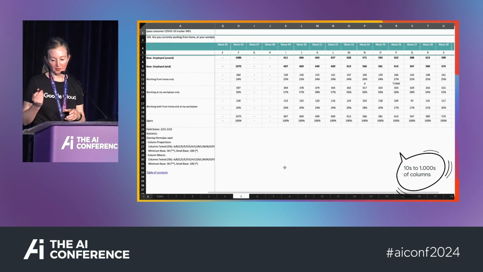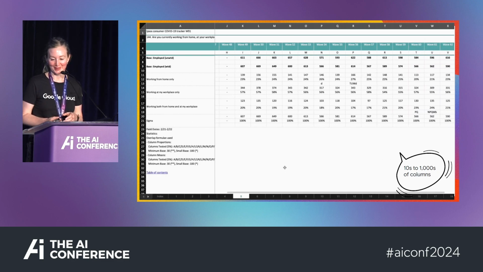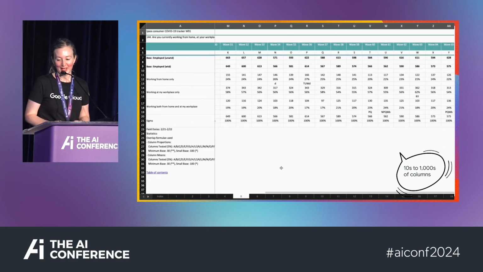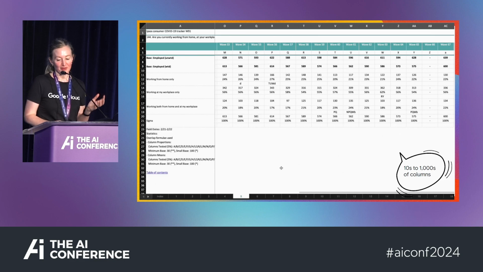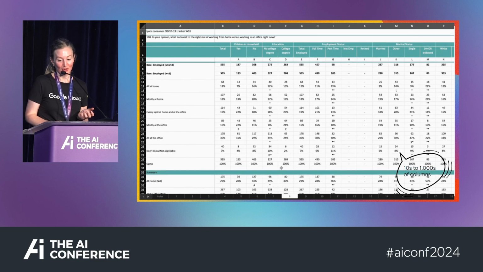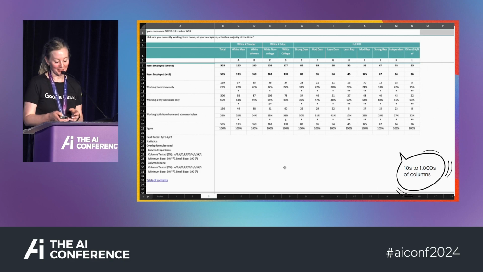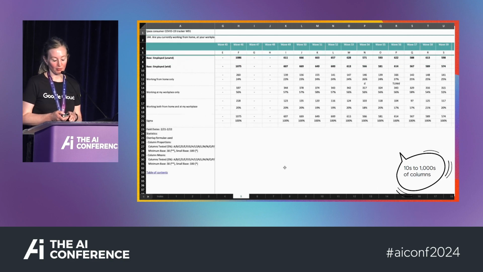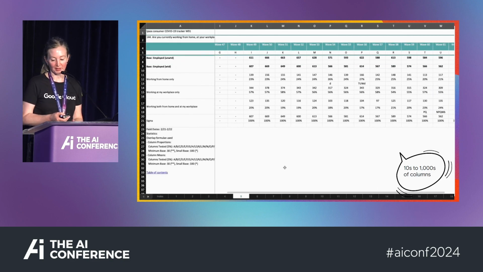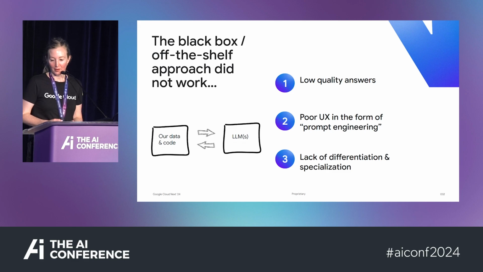So this is a little bit of what their data looks like. This is the other challenge: not every survey looks the same, and a lot of the survey data is in very, very large spreadsheets. So this is not necessarily well-organized or traditionally organized data in a database. Here's where they were when they first started experimenting with LLMs.